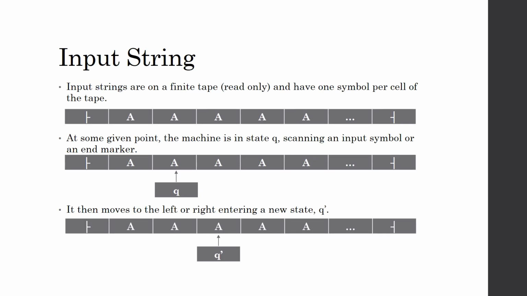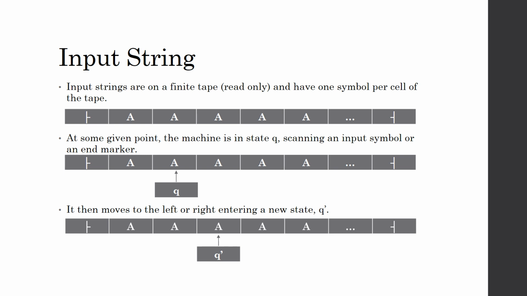Input strings here are on a finite tape and are strictly read only. We have one symbol per cell of the tape, and note that the left and right end markers both take up one of those cells. At some given point, the machine is in a state Q, scanning an input symbol or an end marker.